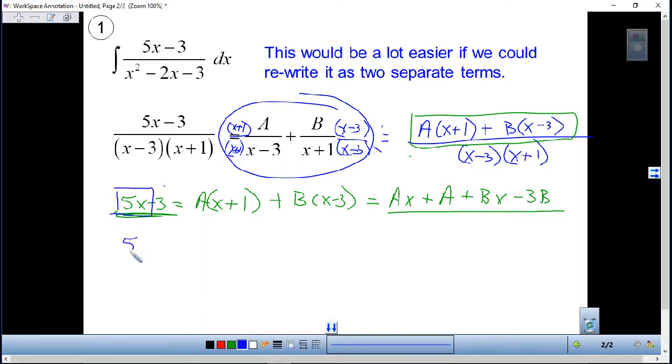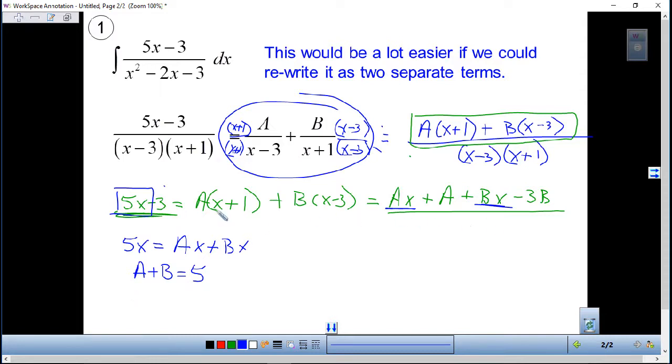The only way we can add these together is by combining like terms. So ax plus bx has to equal 5x. Well, what does that translate down to? That translates into a plus b must equal 5.